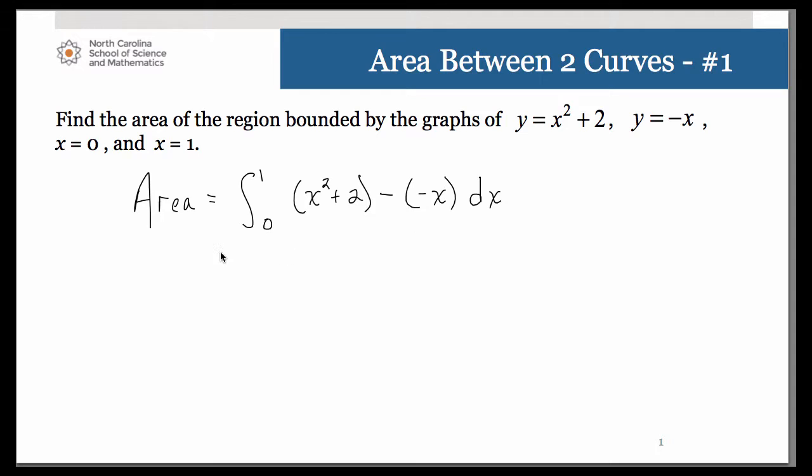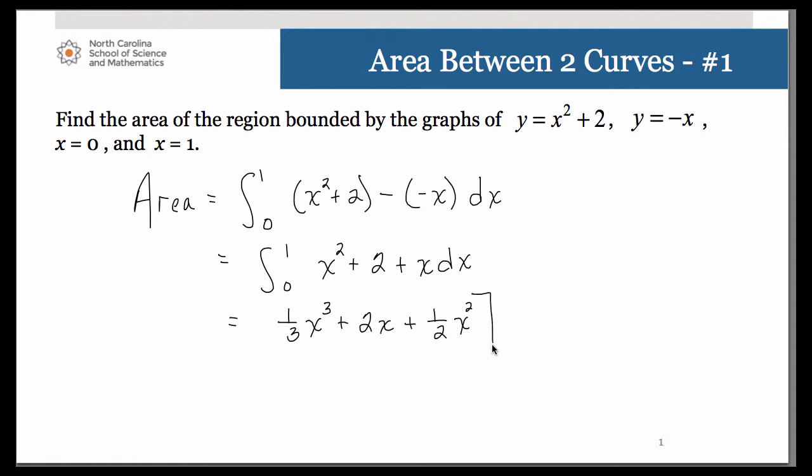So we could rewrite that and simplify it. You could go ahead and do your antiderivative, which would be evaluated from 0 to 1.